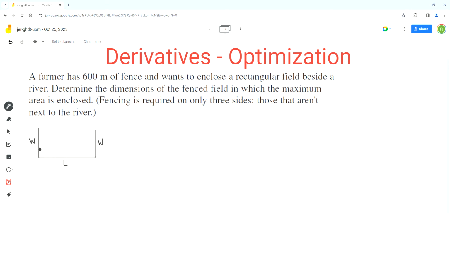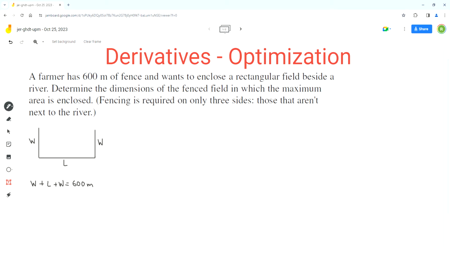So the sum of these three dimensions should be equal to 600. So that's our first equation. So W plus L plus W equals 600 meters.